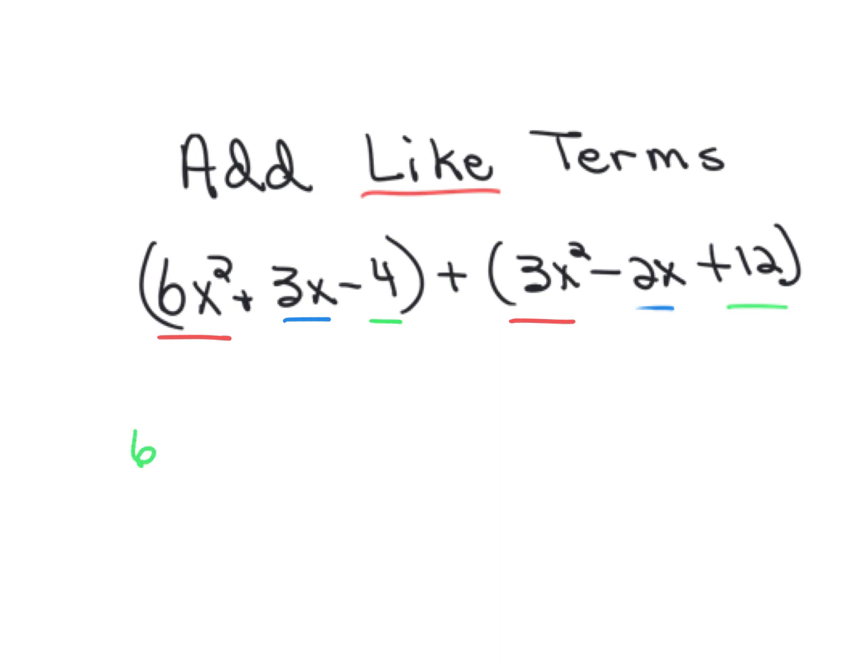So when I'm adding 6x squared plus 3x squared, on Desmos, I am going to combine 6 plus 3, and I bring down the x squared. So that first term would become 9x squared. I look at my blue underlined terms. That is 3x plus negative 2x.